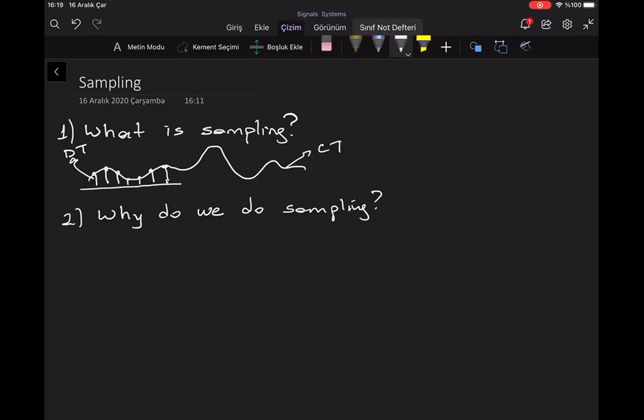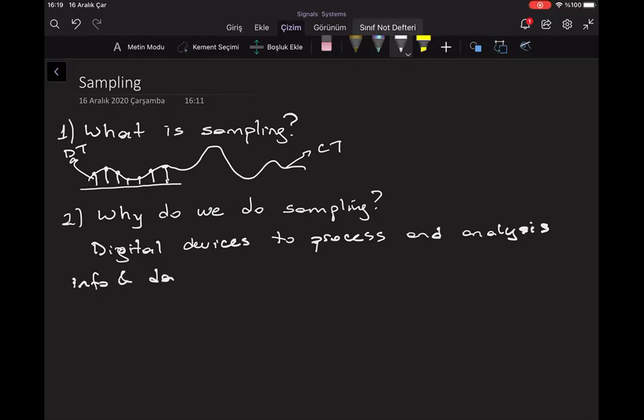Because we use digital devices to process and analyze information, data that is coming from real life, in parentheses, sensors usually.